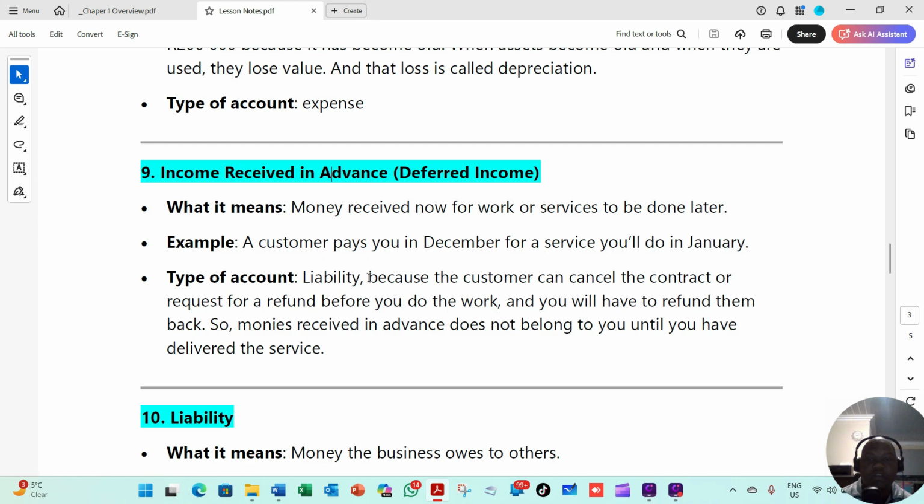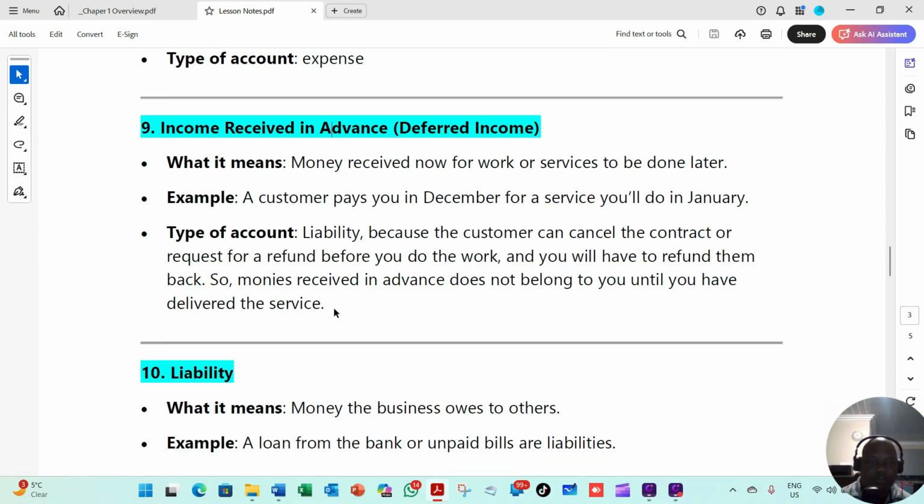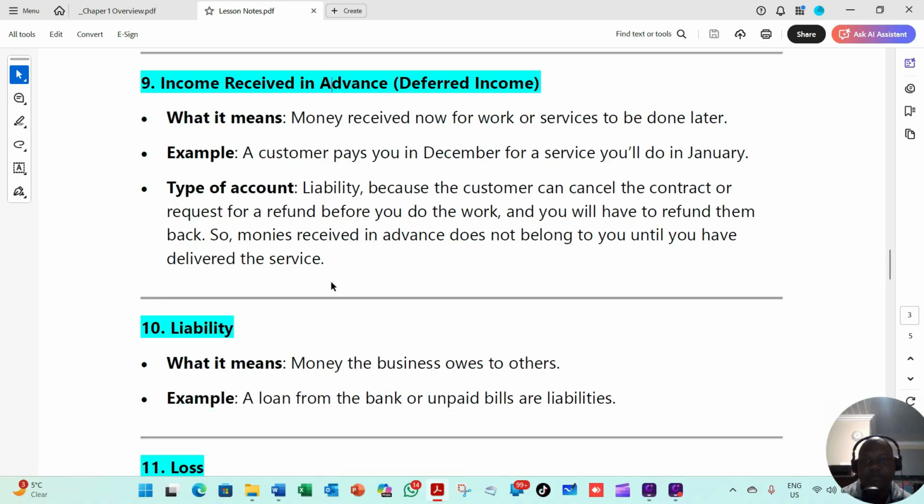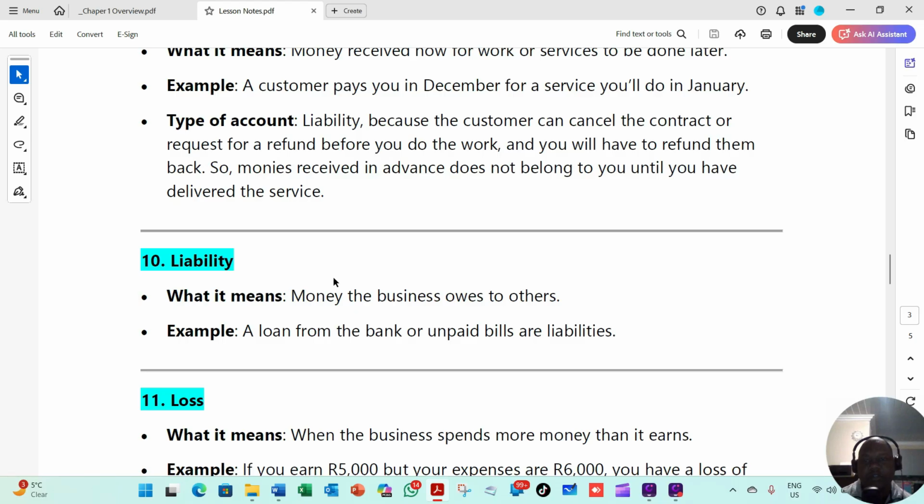We own only the portion that we have delivered the service for. So if we have delivered the service, then we'll own the money. But until we have delivered the service, we will not own that money. So it becomes a liability, and it will be shown on the balance sheet.